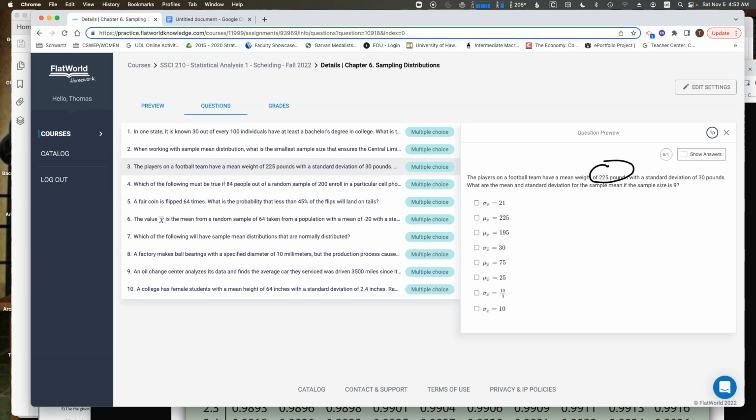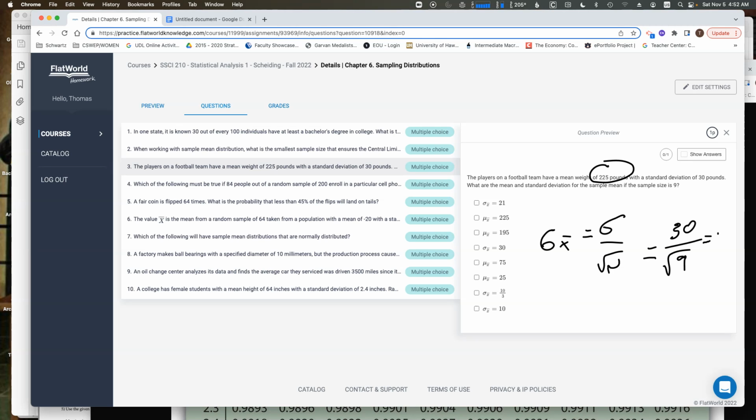But we do need to look at the standard deviation. So that would be 30 over the square root of my sample size 9, which is 3.